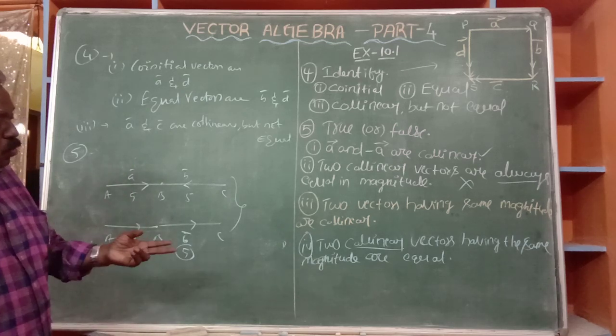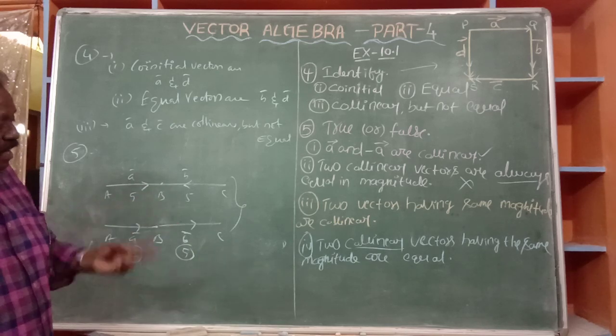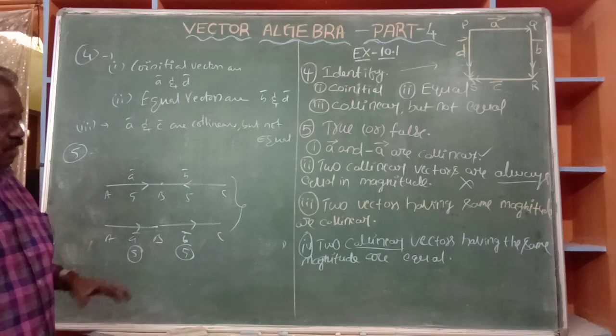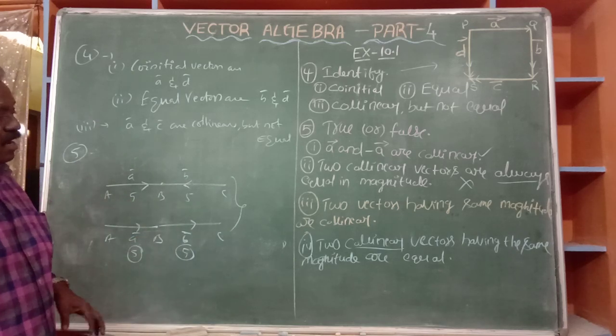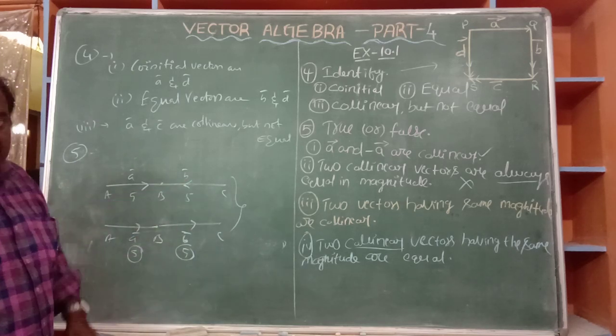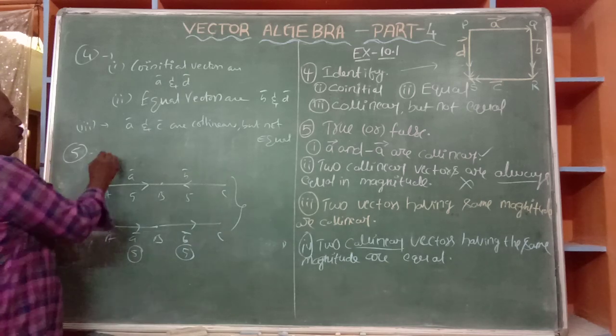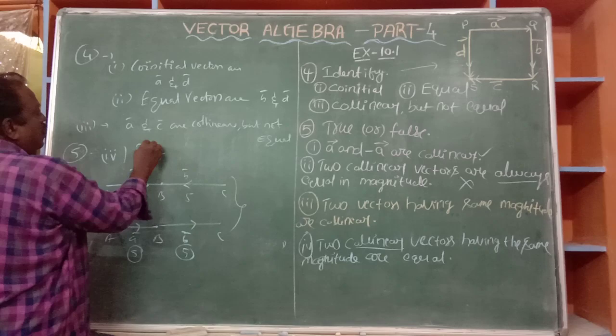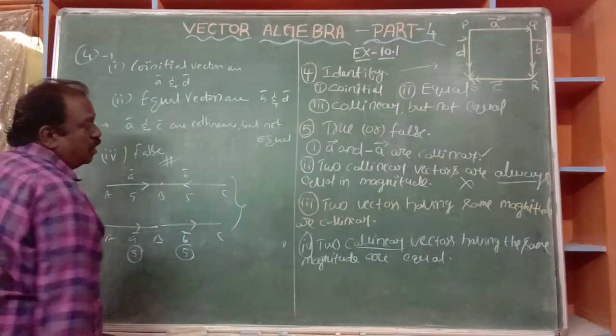Now, two collinear vectors having the same magnitude are equal vectors? No. Of course, their magnitudes are equal, but the vectors are not equal. So the fourth one also fails, it is false.